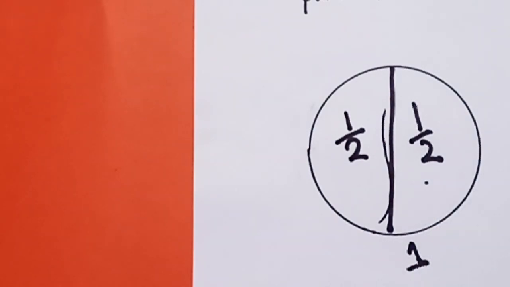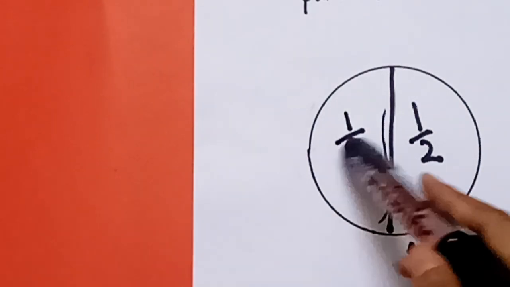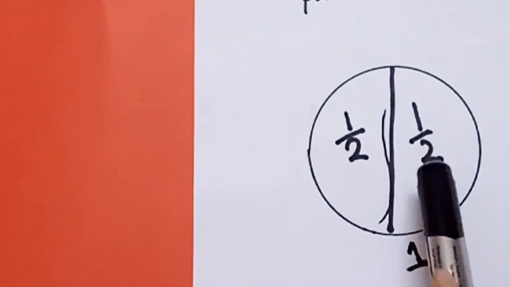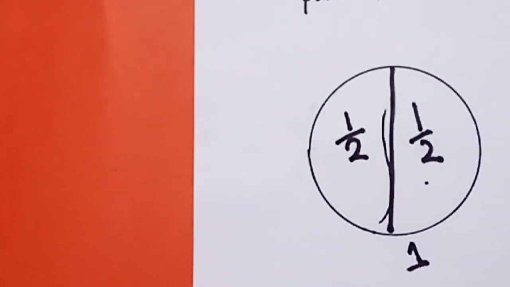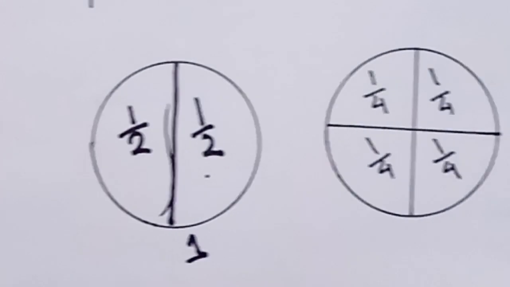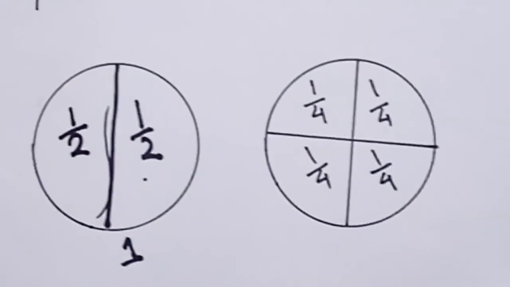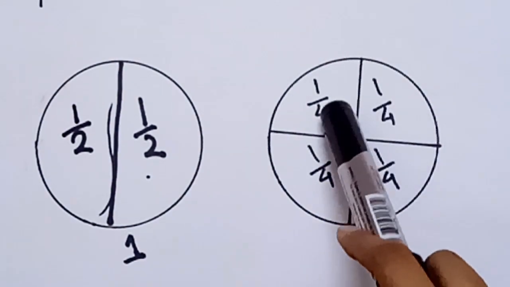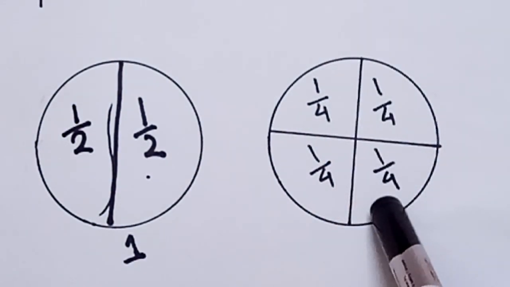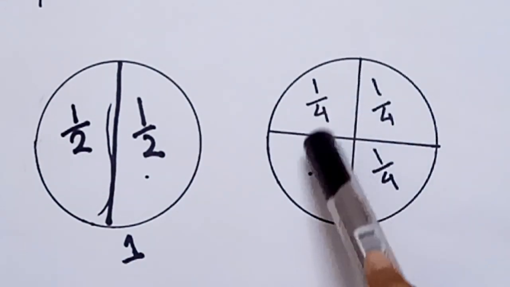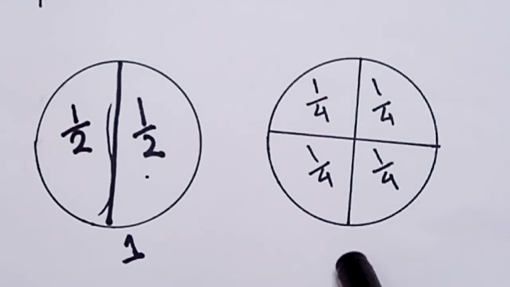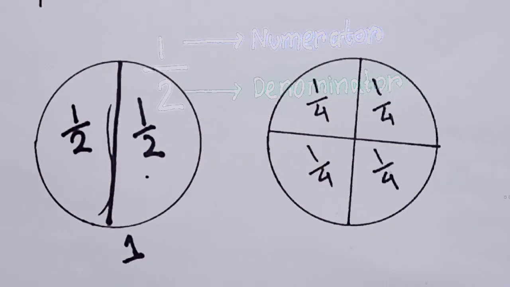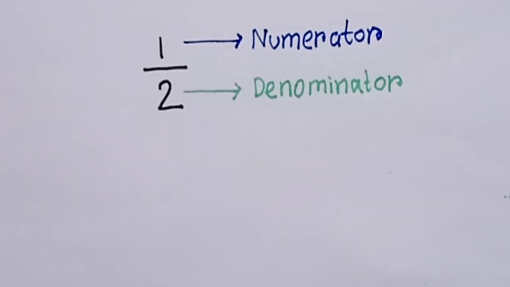And again, if I divide this circle into equal 4 parts, it will look like this, and each of the parts we will call 1/4, and 4 1/4 makes 1 full. So fraction is a way of writing numbers that are not whole.